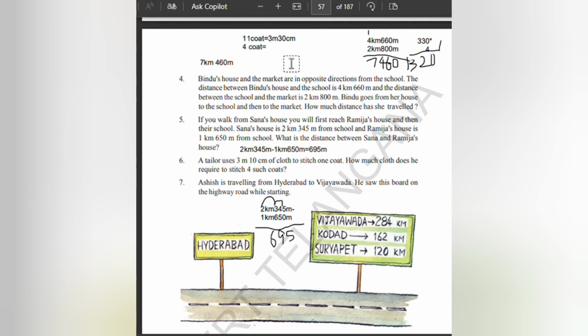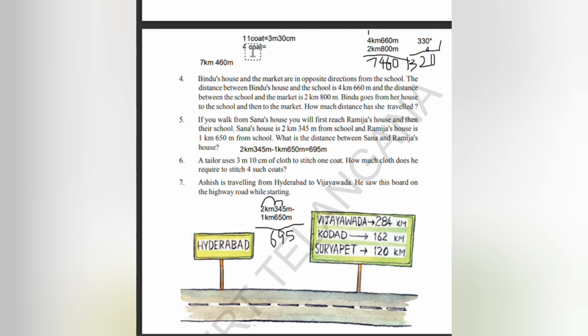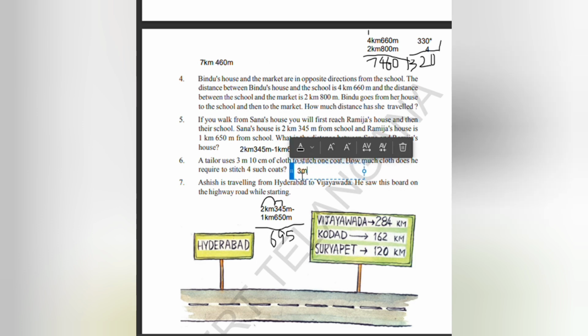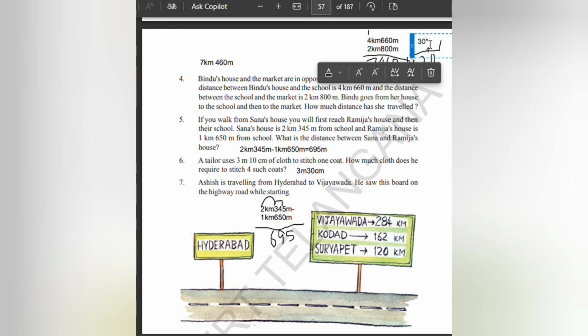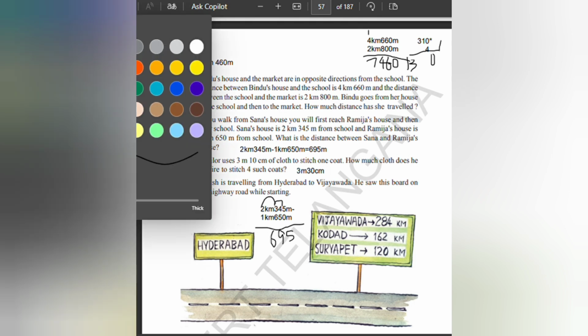So one coat uses 3 meter. For 4 coats he used 3 meter 30 centimeter. Not 30, it is 10. So again there is a mistake. Here we have to put 1 and here it is 4.